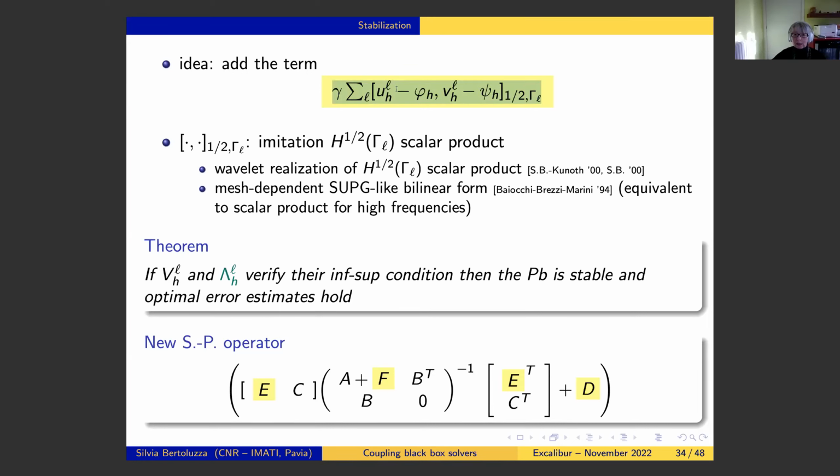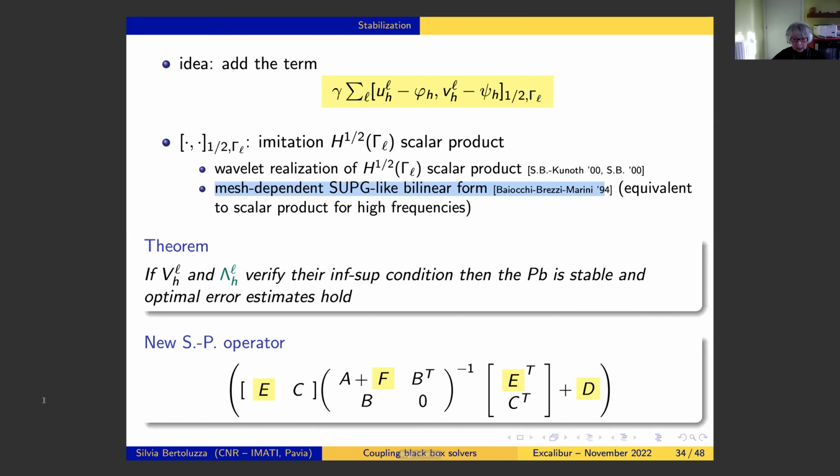So I add a residual term because for the continuous solution, U is equal to phi, measured either in a wavelet realization, something proposed like 20 years ago, of an H^(1/2)(Γ) scalar product, or in a mesh dependent SUPG-like bilinear form.